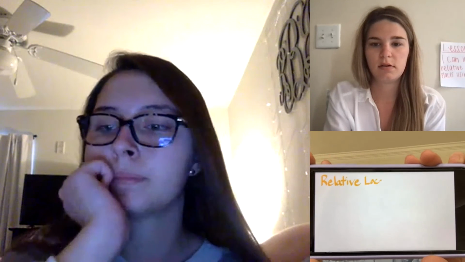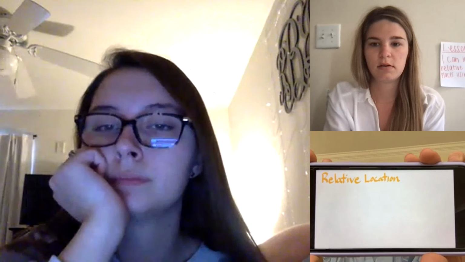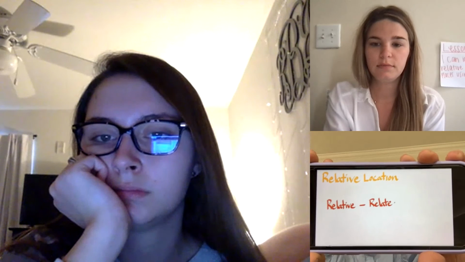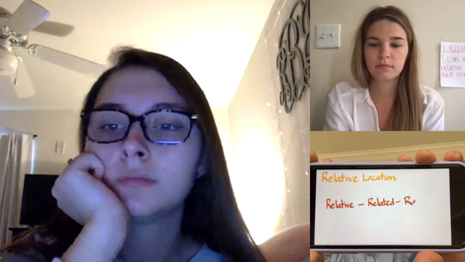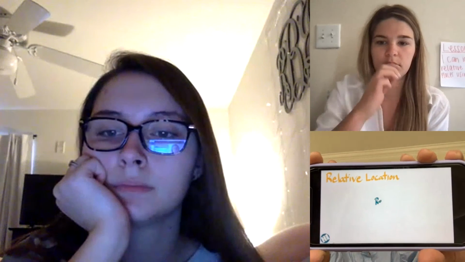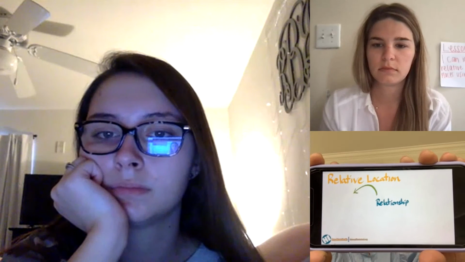When telling people your location, there are two ways you can do it. You can give it to them with a relative location or the absolute location. Using the word relative gives you a clue as to how this works. Relative, or related, or a relationship, kind of implies that you're going to be required to have a relationship between two places.